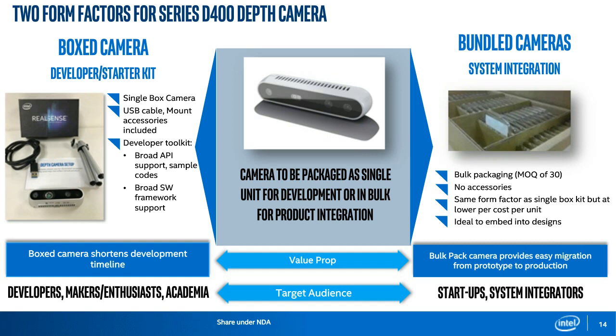So that box of 30 is just a camera. You'll have to go out and source your cable. You're not going to get a tripod. You're not going to get the nice box. It's just in a cardboard box that's segregated, and you can get a better price to pass that savings along or to increase your profit margin if you're going to embed into a design.